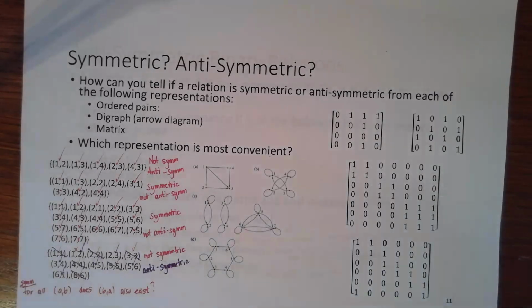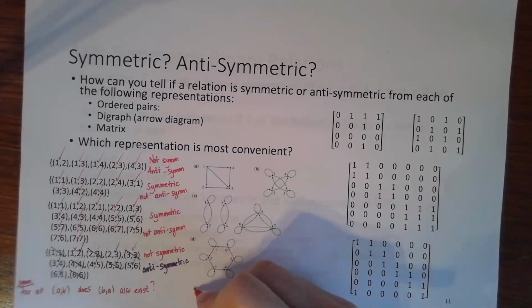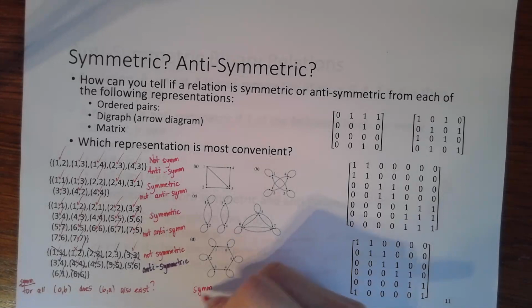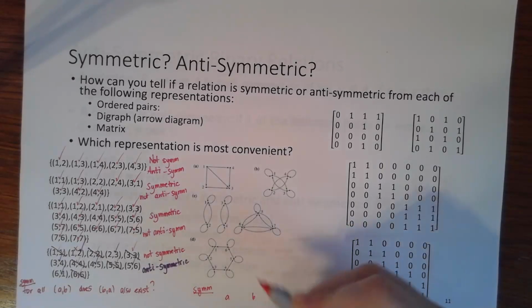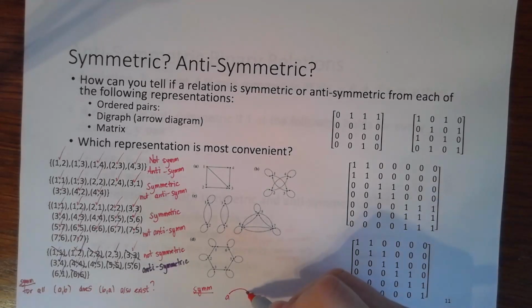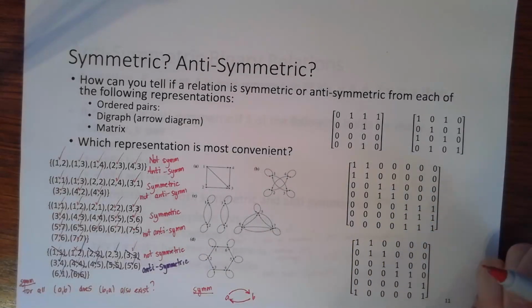Okay. All right, so how would we go about finding them in the graphs? So for symmetric, basically we'd have to find that, if I have an A and a B, if I can go from A to B and there's an edge that way, I would also have to have one coming back.